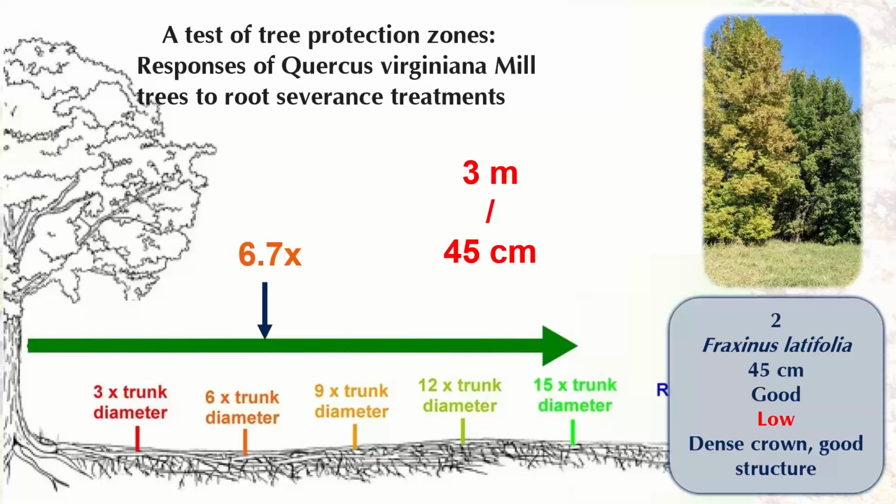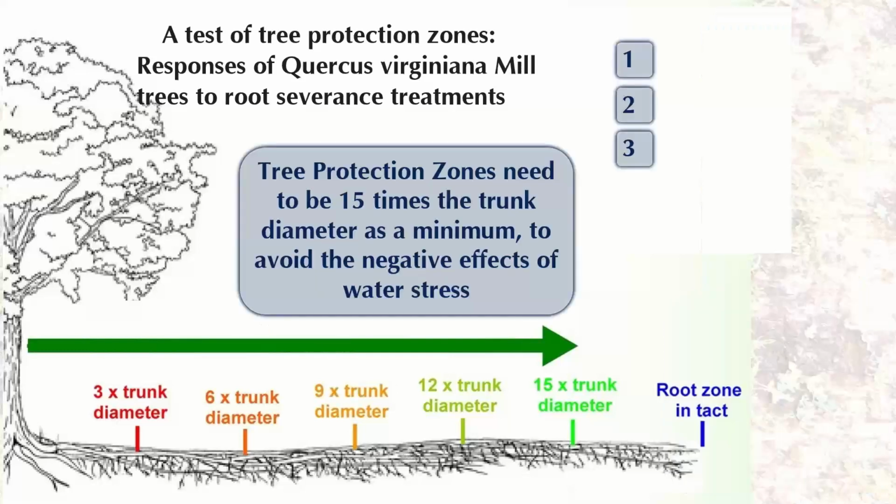So I said that I really like this paper and I think it's really useful, but let's look a little bit more at the details of that. The main takeaway of this paper is the tree protection zone needs to be 15 times the trunk diameter as a minimum to avoid the negative effects of water stress. And this is where I normally make the crowd interact with me, but that's a little harder to do today.